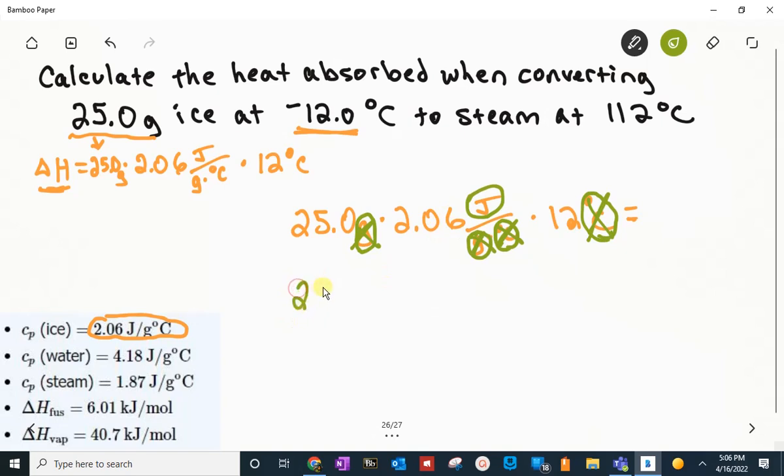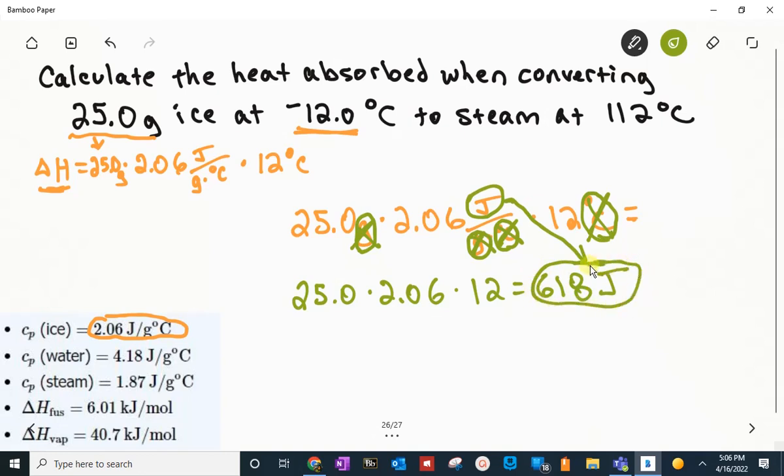So now we just have to multiply 25 times 2.06 times 12, and that's going to give us an answer in joules, because that's the only unit of measurement we have left. So 25 times 2.06 times 12 is 618 joules.